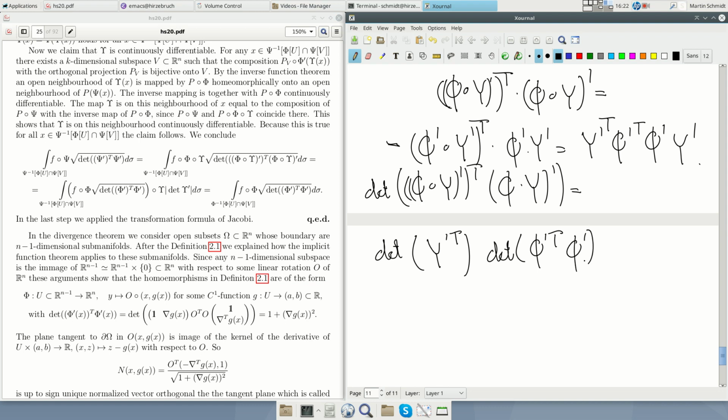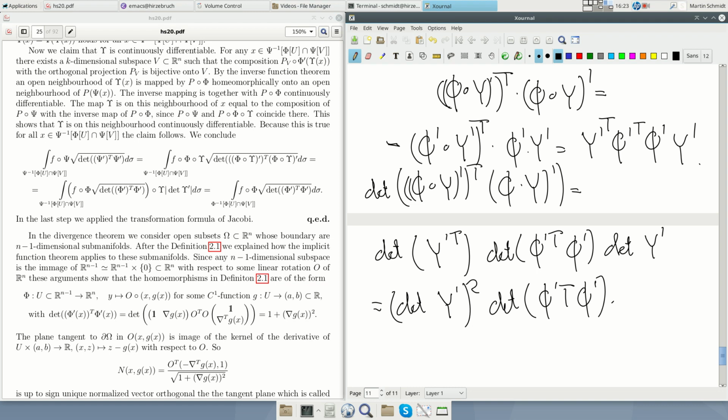Here we cannot pull it out, because these are not square matrices; these are n by k matrices. The last one is the determinant of upsilon prime. So this is the determinant of upsilon prime squared times the determinant of phi prime transposed phi prime.